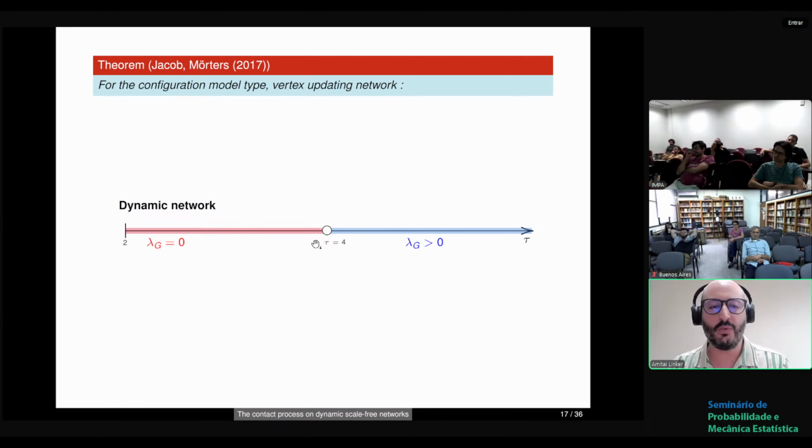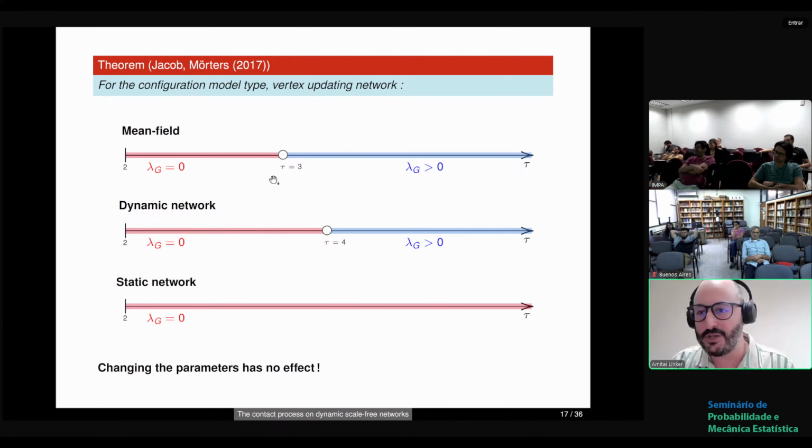Now there is this region between 2 and 4, in which you have this phenomenon of critical parameter equal to 0, and the other one in which the critical parameter is larger than 0. Of course, this is strange, because in the mean field version, the difference between the regions was at 3, and in the static network, it wasn't there. So it's not solving anything, it's just adding more.